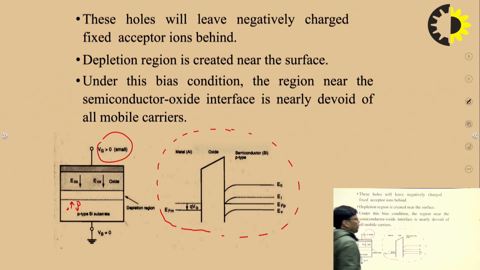If you increase the voltage beyond a certain value, that is called the threshold value, up to the threshold voltage, more electrons are getting attracted towards the gate terminal, and a thin layer will be created near the interface of the semiconductor and insulating material.